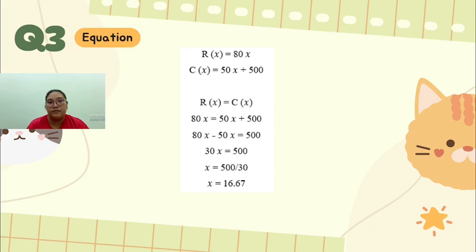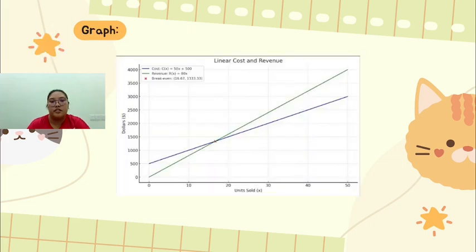So we put the given equations there, and then we need to move the 50x to the left hand side. 80x minus 50x will total 30x equals 500. Then the 30 we bring to the right hand side. 500 over 30 gives the final answer, 16.67. So this is the graph.